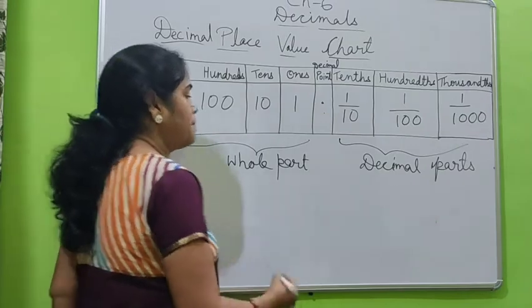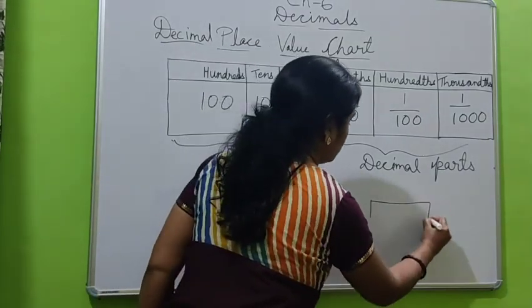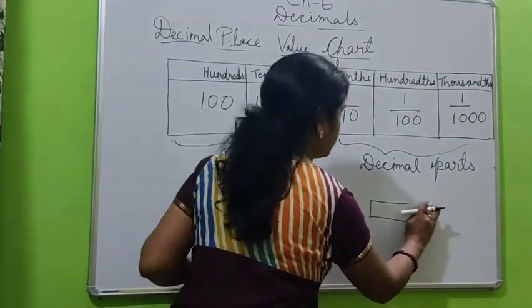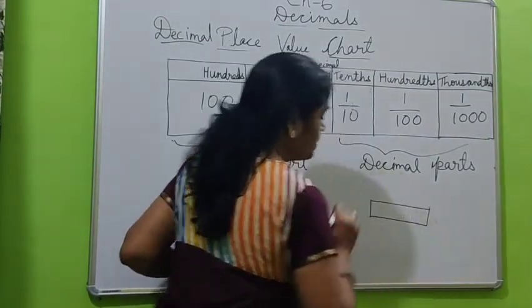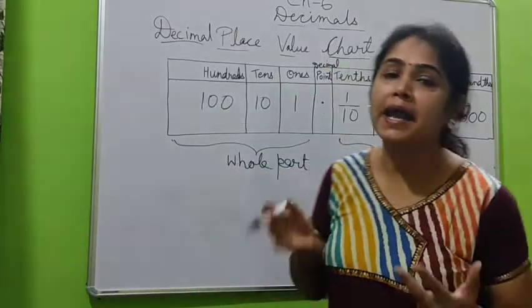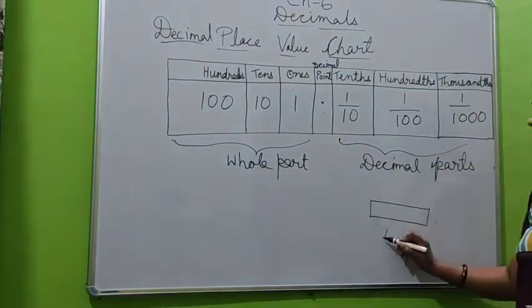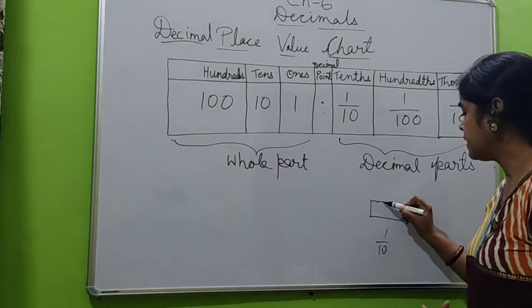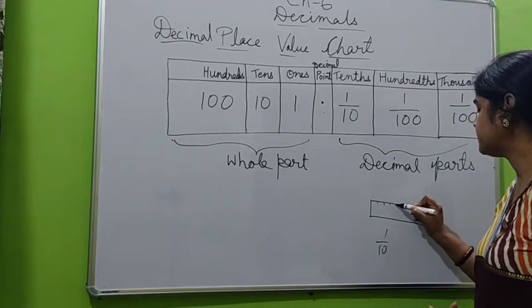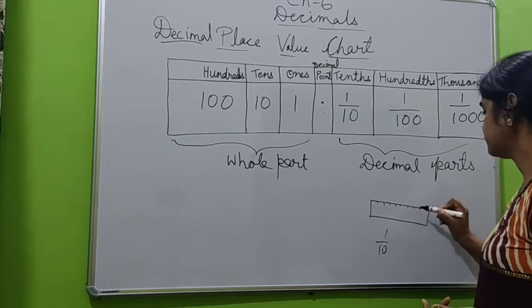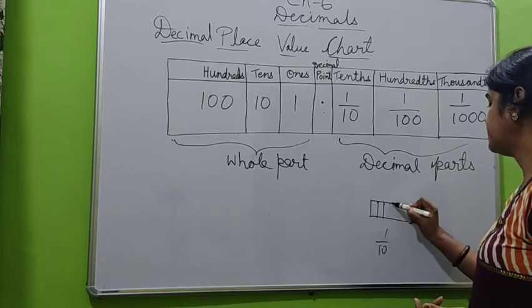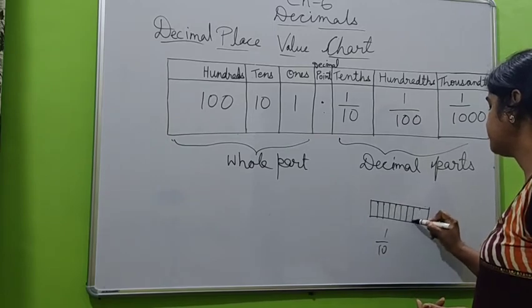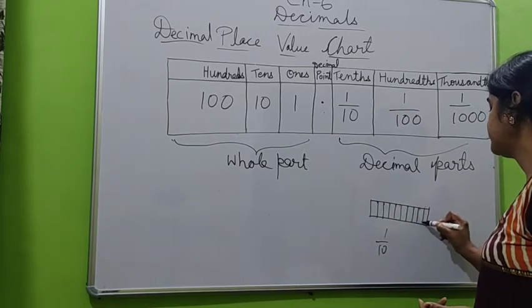For example, I am asking about 1/10. How do we represent 1/10? Suppose one chocolate bar is there, and I have to show 1/10 of this. Then I make 10 equal parts of it: 1 part, 2 part, 3 part, 4, 5, 6, 7, 8, 9, 10 parts.